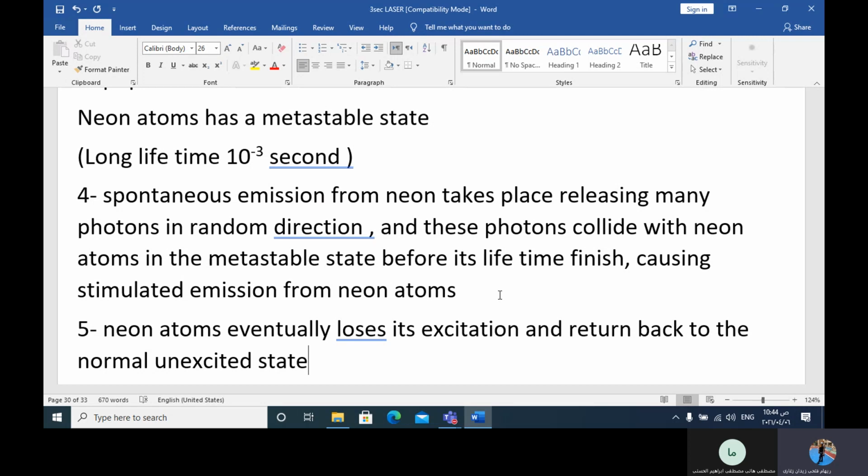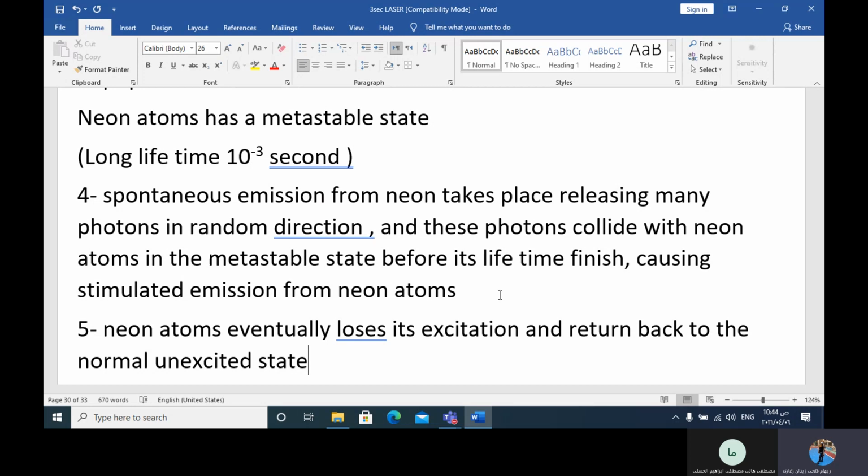And these photons collide with neon atoms in the metastable state before their lifetime finishes, which means that this collision happens while the atoms are excited and before the end of their lifetime. And this causes stimulated emission from neon atoms.